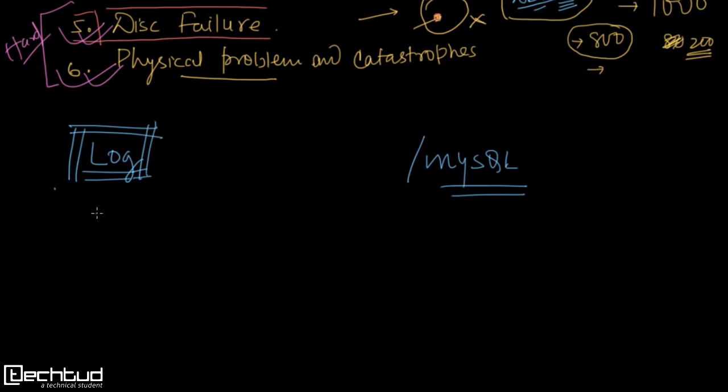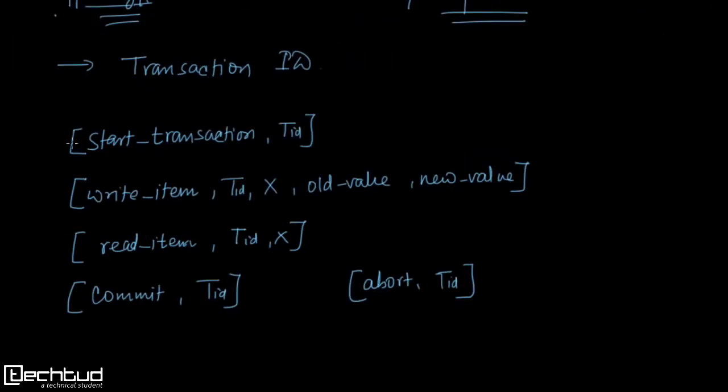If you want to know more about the log file: in the log file, we write details of each transaction, and we assign a transaction ID to each transaction. These are the items of a transaction record, or the log. The first one is start transaction TID, which shows that the transaction with this transaction ID has been started.